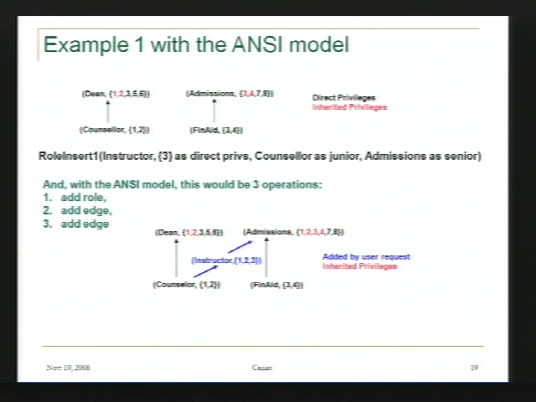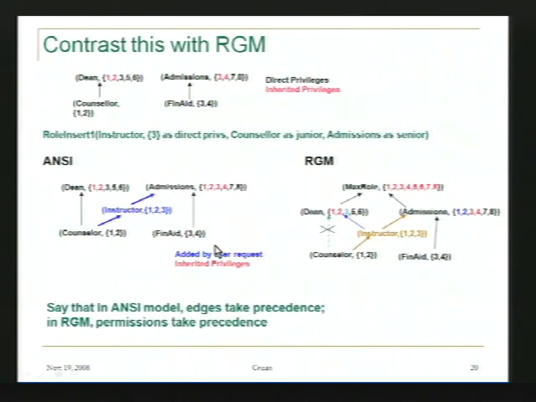And so you end up with this role hierarchy. And so we would have put an edge in here, right? So here's the contrast. We can say then that the ANSI model could be described as edges take precedence, whereas our model could be described as permissions take precedence.